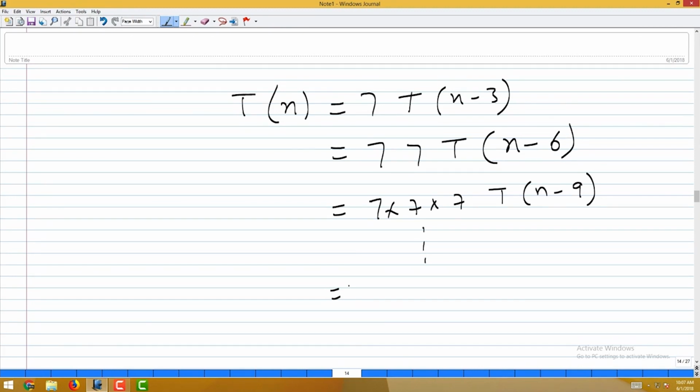Finally, I hit when there are like 1 variable, 2 variables, and quickly solve them. How many 7s will I have? N by 3, right? Because each time n goes down by 3. So, 7 power n by 3.